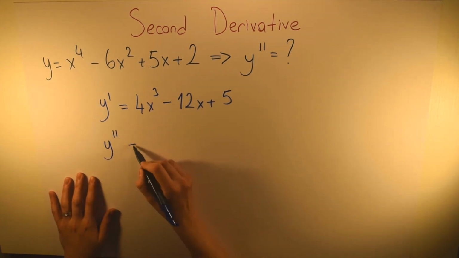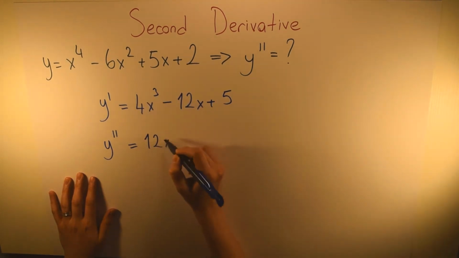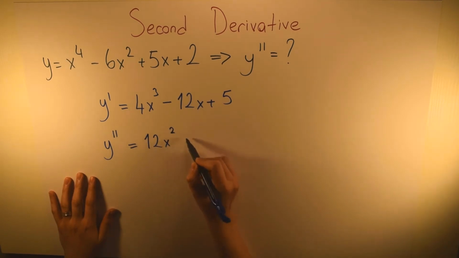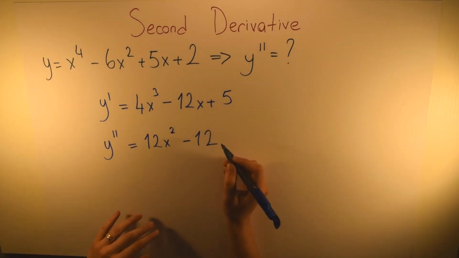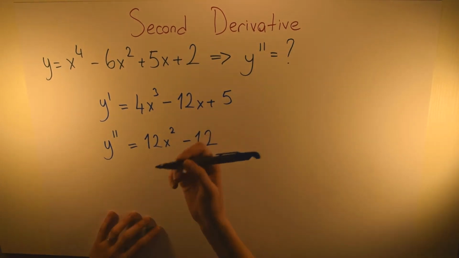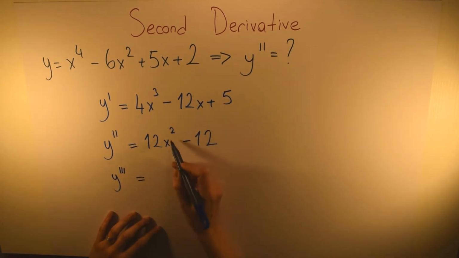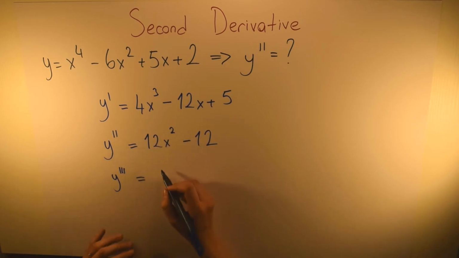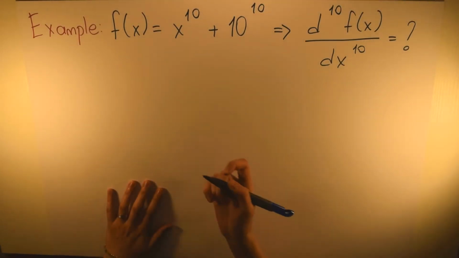So it will be equal to 3 times 4, it's 12x to the power of 3 minus 1, it's 2, minus 12x, its derivative is equal to 12. Okay, if you take another derivative, it will actually be your third derivative, and you will write this as this, and when you put the 2 in front of 12, it will be 2 times 12, it's 24x.